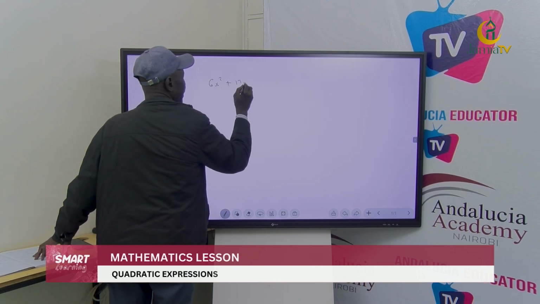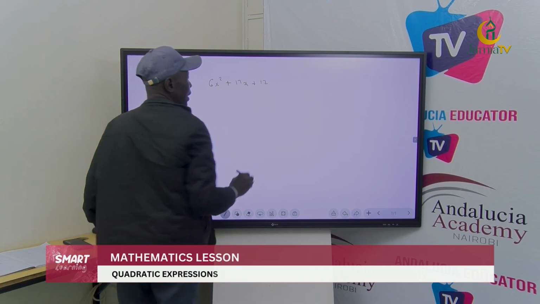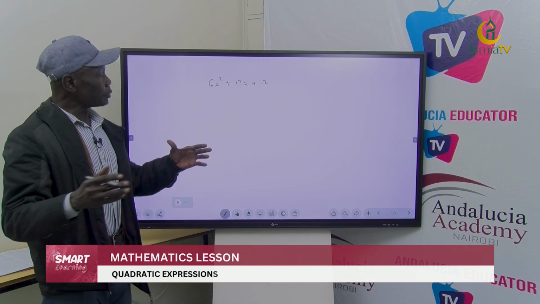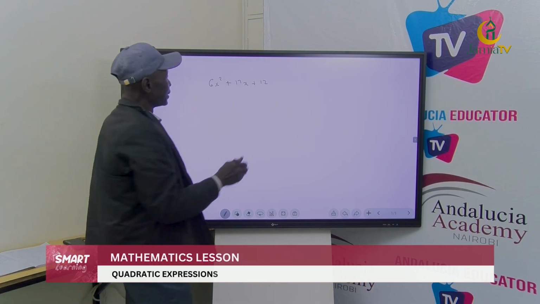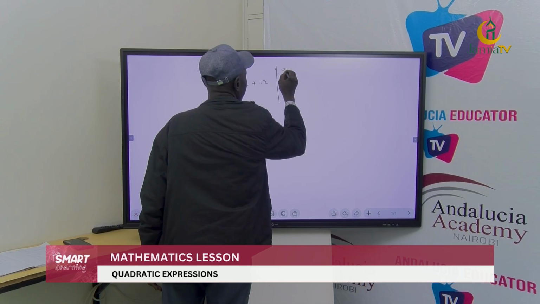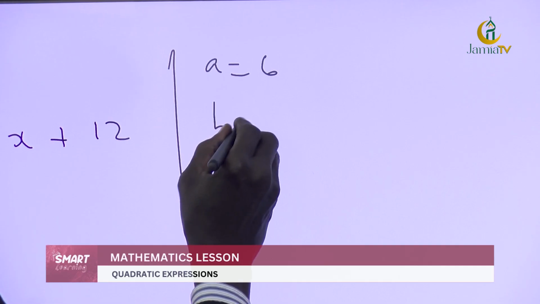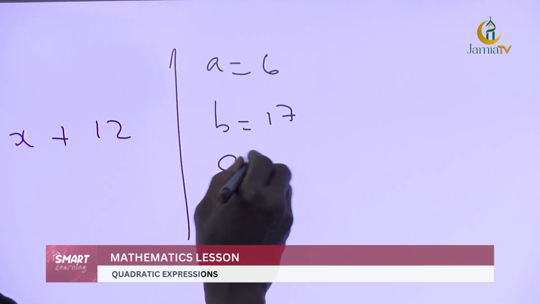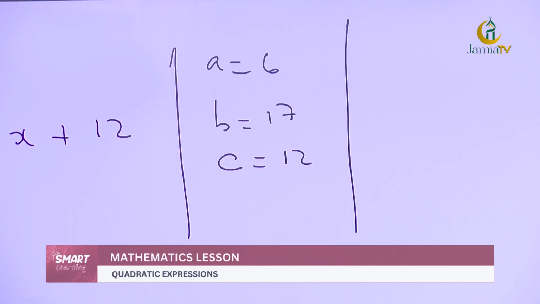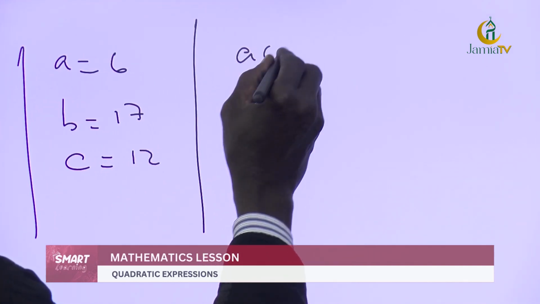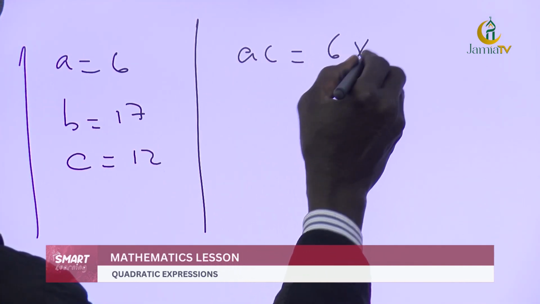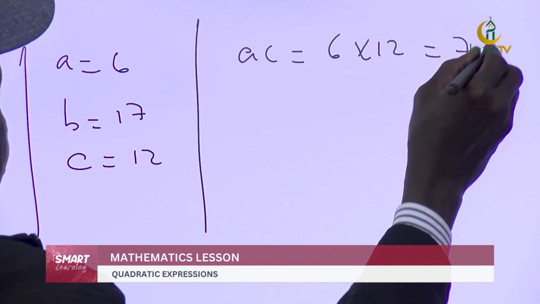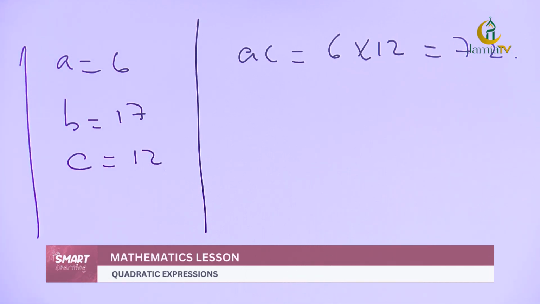I will not go into the details, but what I can see here is that my A is 6, B is 17, and C is 12. And my AC will be 6 times 12, which is 72.